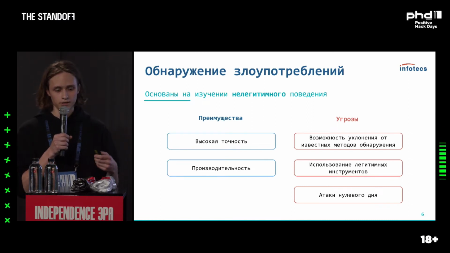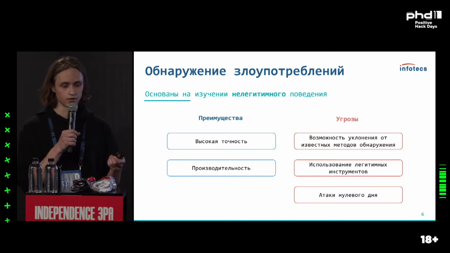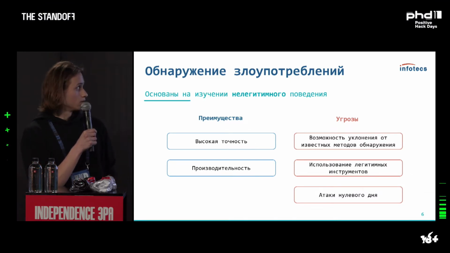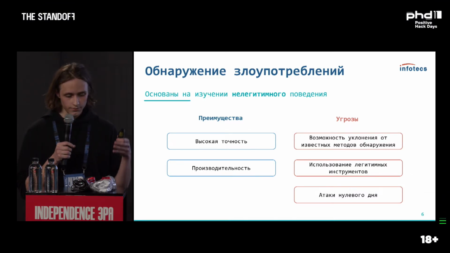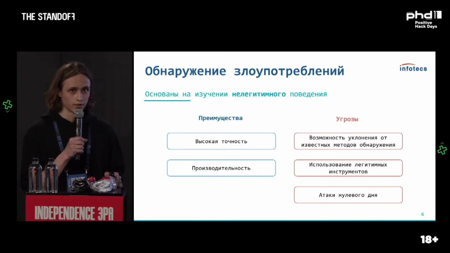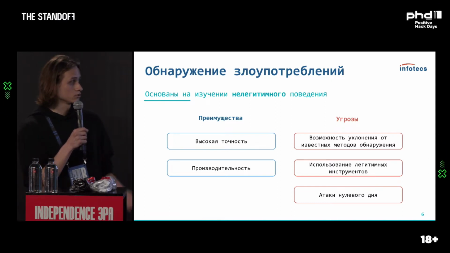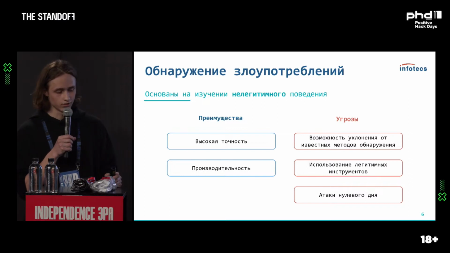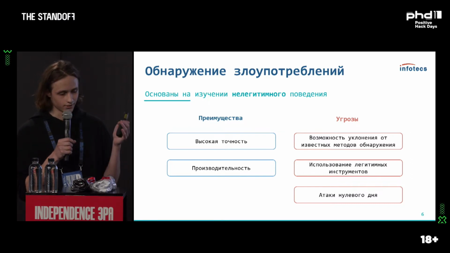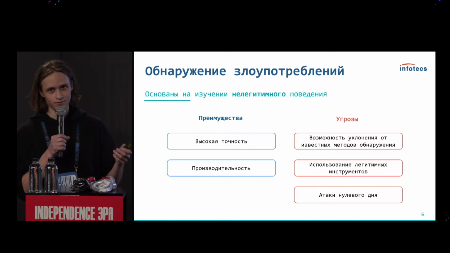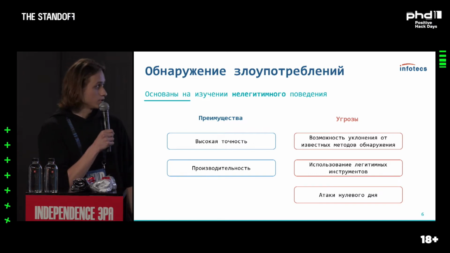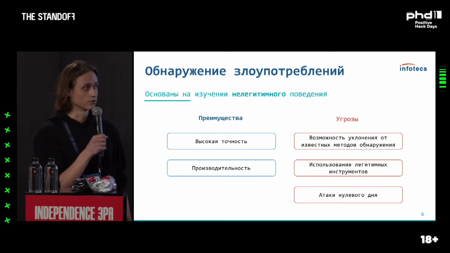Violations detection is based upon information about vulnerabilities or exploits, and we get very high precision, because if a signature is targeted at searching for these violations, they will be detected.